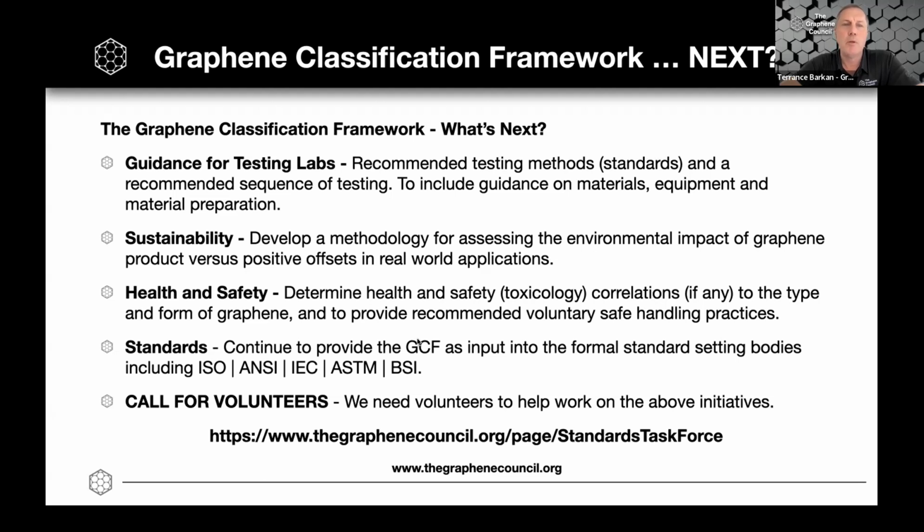So for example, using XPS to test a material will give you chemical composition. So that would give you any impurities and trace elements, carbon content, as well as oxidation and functionalization. So for example, that one test can result in several values, and that's why the guide for labs would be for them to test in a different sequence than the values appear in the classification framework.